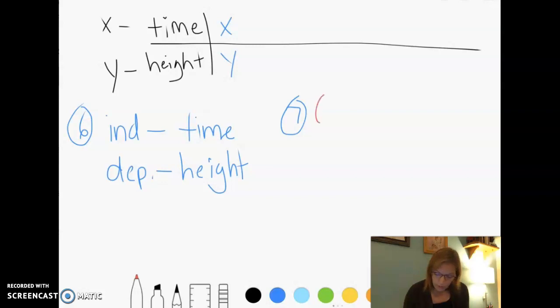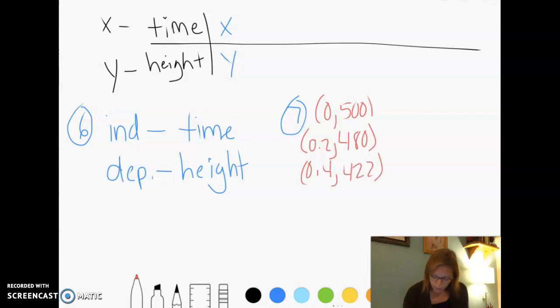The first one would be 0, 500. Then I have 0.2 and 480. Then I have 0.4 and 422.